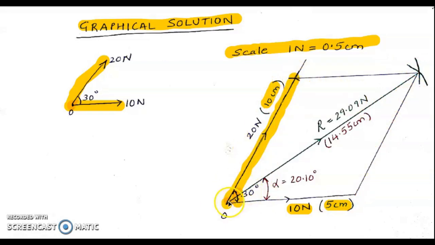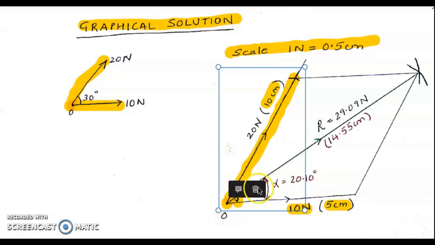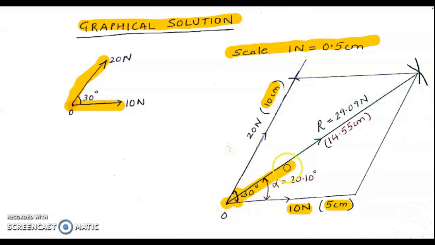And what gives us the resultant as per the parallelogram law of forces? That is the diagonal passing through the two forces. If I now join this point to this point, that is the diagonal passing through the two forces.